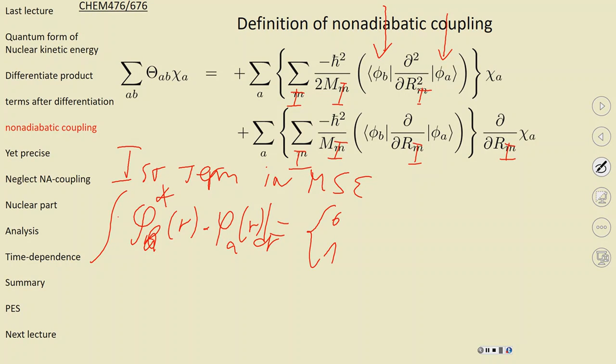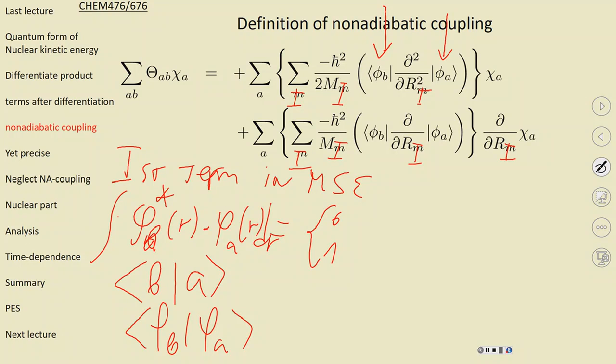So this integration sometimes is replaced by the <b|a>, or phi b, phi a notation. So you see it here, right? This integration of these two functions. Some people like angular brackets more than a single integration. That's it.